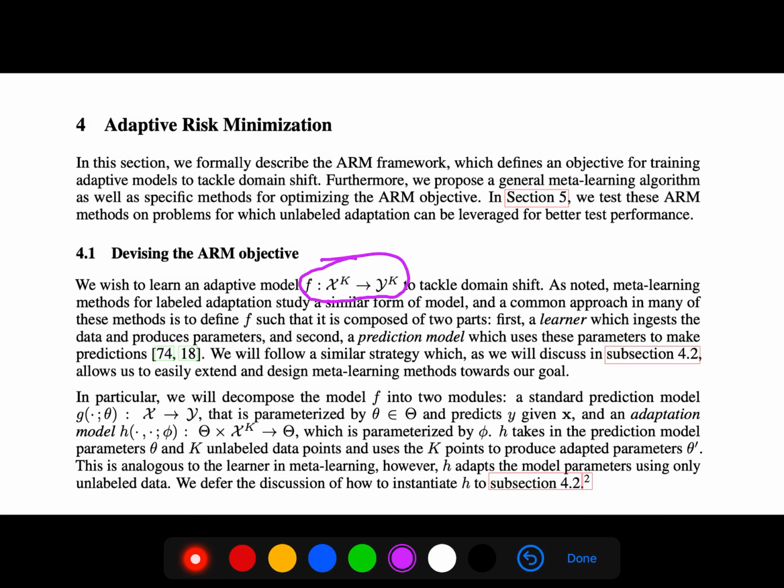So we will decompose the model F into two modules: a standard prediction model that is parameterized by theta and predicts y given x, and an adaptation model which is parameterized by phi. H takes in the prediction model parameters theta and K unlabeled data points and uses the K points to produce adapted parameters.